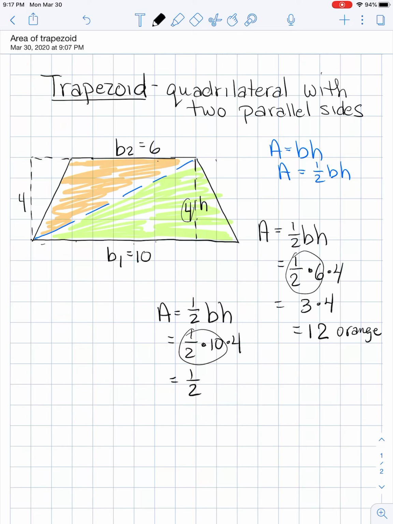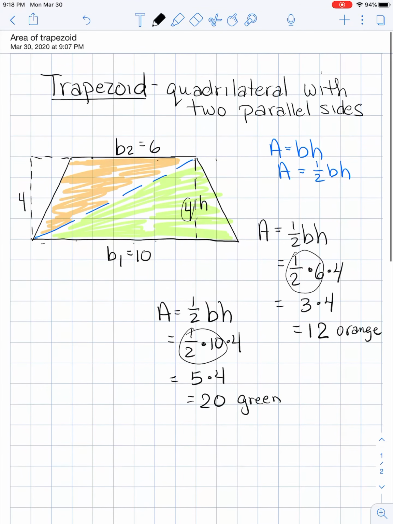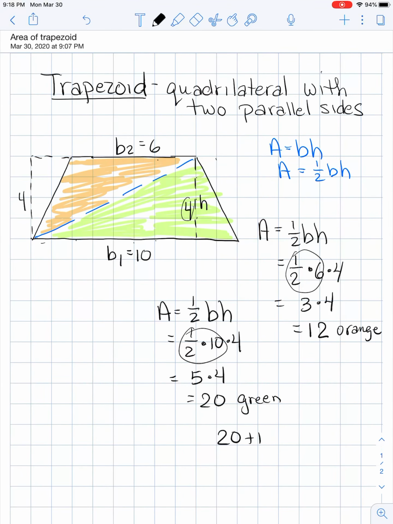Whoops, got ahead of myself. 1/2 of 10, which is 5, times 4. So that equals 20, and that is the green triangle. Obviously, I have to add them up. So 20 plus 12 equals a total of 32 square units.